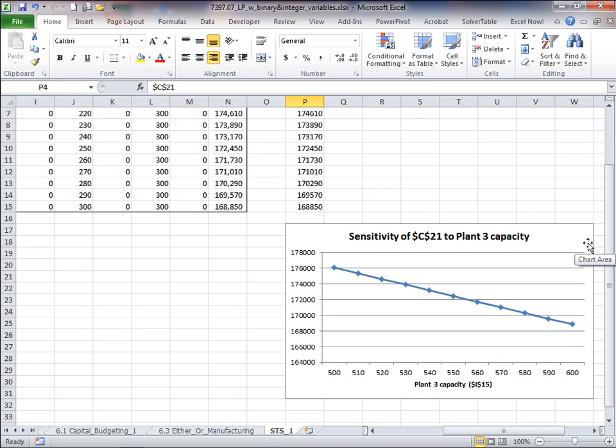And as plant capacity goes from 500 to 600, which you can't see because the screen cut it off, my objective function goes from 176,050 down to 168,850. What's the slope of this line?